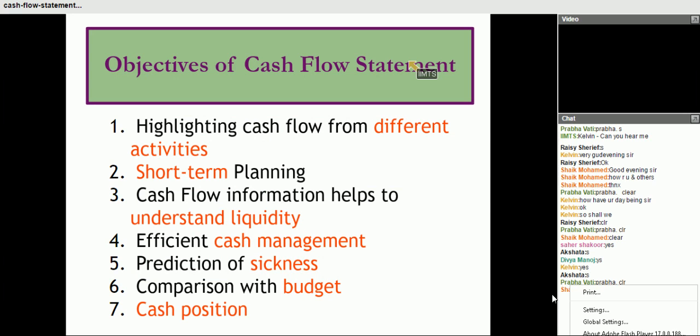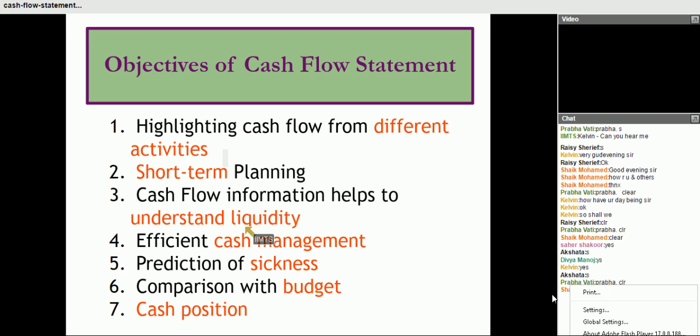Now, objectives of cash flow statement. Why do we need a cash flow statement? Highlighting cash flow from different activities. With the help of the cash flow statement, we can highlight the activities in which the money is being heavily spent or heavily received. Short-term planning: cash flow information helps to understand the liquidity.